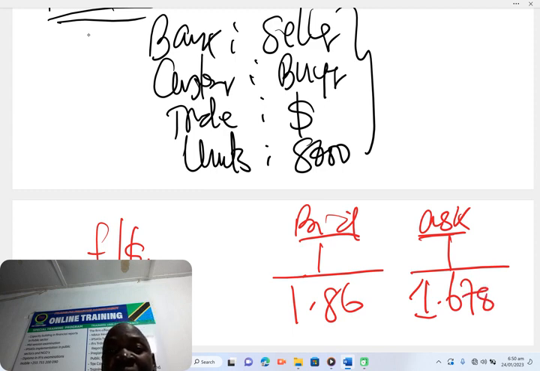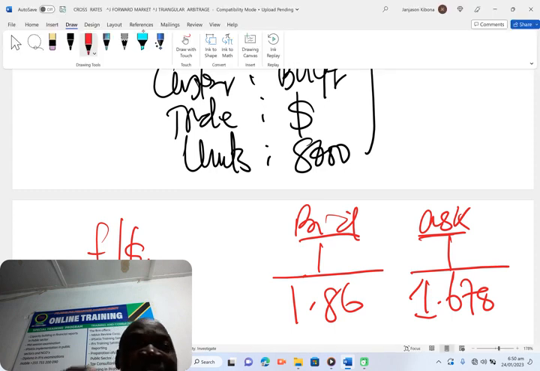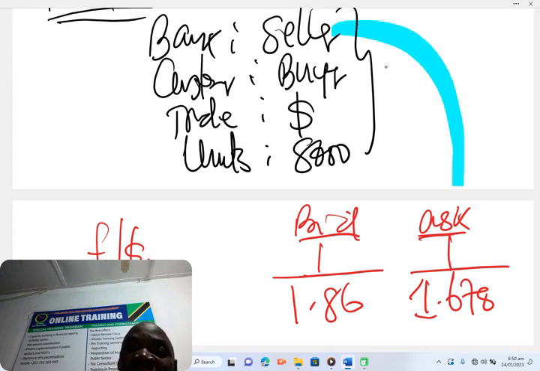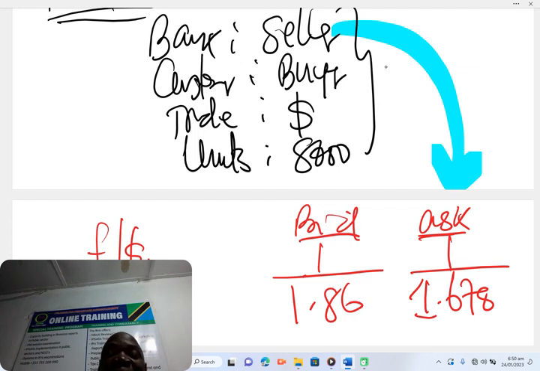Now, a bank is a seller. So which rate are we selecting? So a bank is a seller, so we need the ask rate. That is how it works.